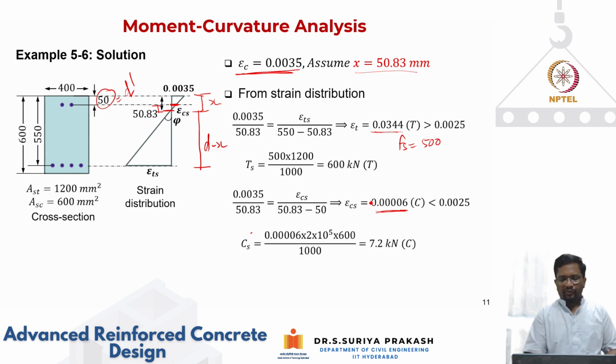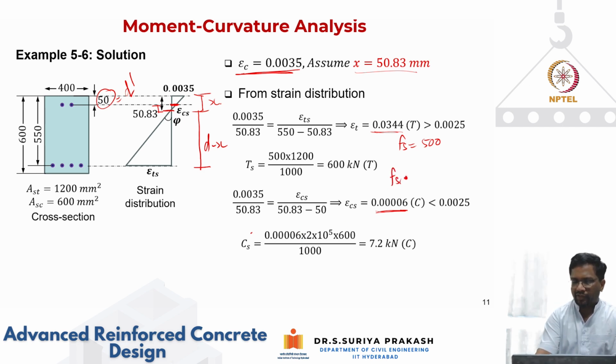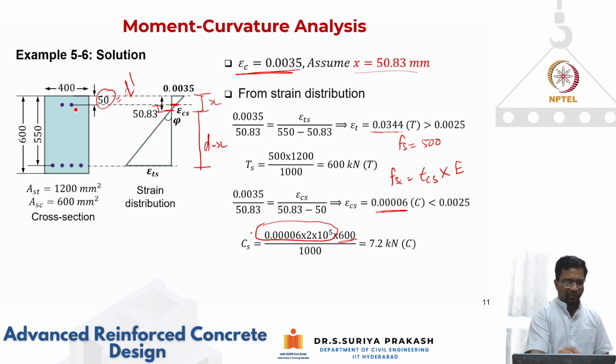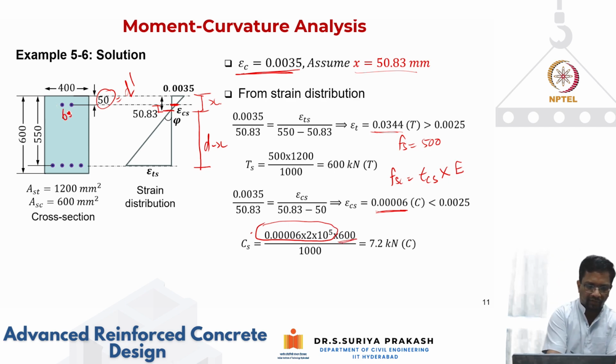So compression force can be calculated by stress. Stress in the compression steel is strain in the compression steel, epsilon cs, multiplied by elastic modulus. So that's what we are doing here. And then area of steel is 600. The 600 is basically this; what you have done is 600 here, 1200.